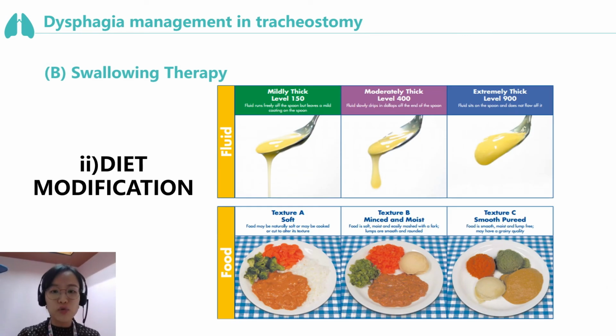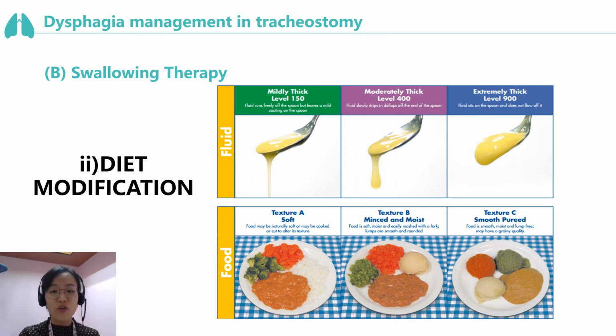For fluid, liquid, if the water flows very fast in nature, we can thicken it up to mildly thick, moderately thick, like honey, and extremely thick, which is like a pudding. So that the patient has time to control the bolus.